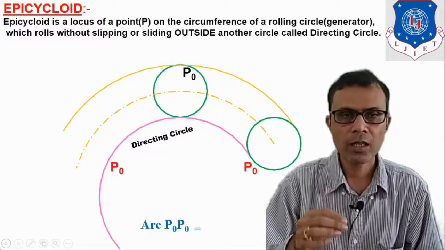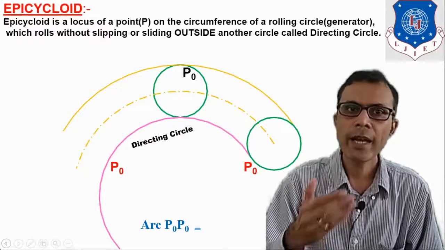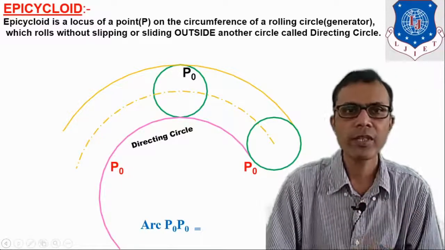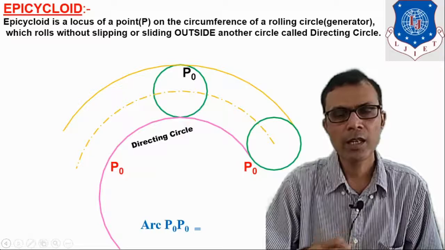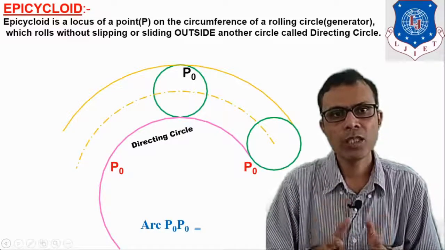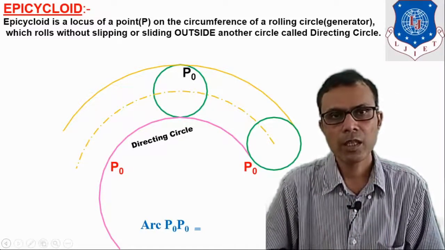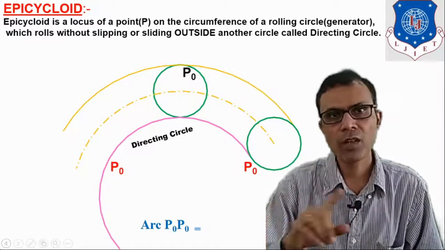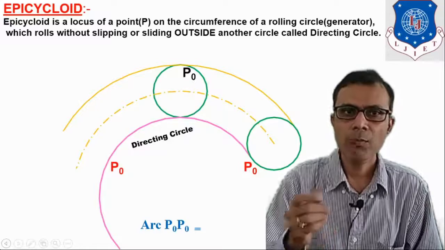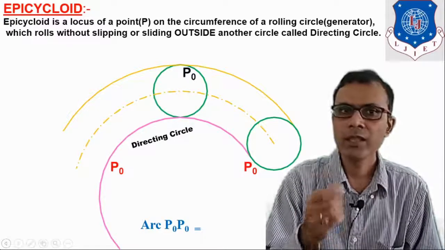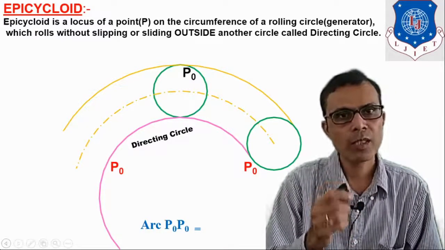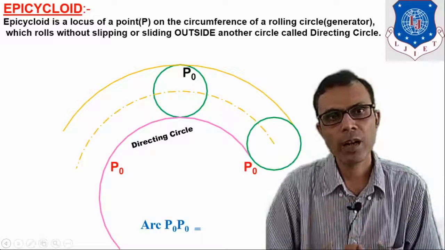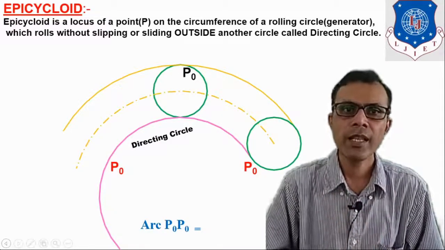This rolling circle rolls on the directing circle and outside of it. If we consider any point P on the circumference of the rolling circle, when this rolling circle completes one rotation, the path followed by the considered point is known as epicycloid.